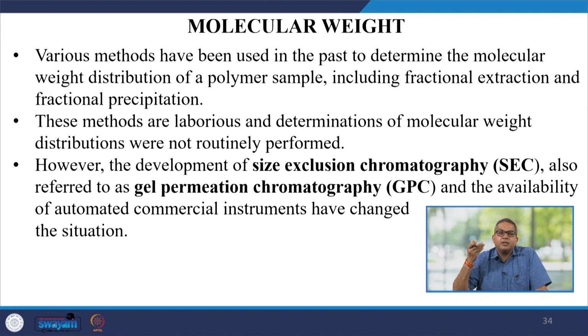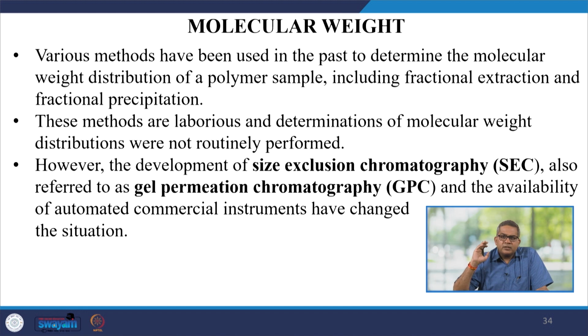Various methods have been used in the past to determine the molecular weight distribution of a polymer sample, including fractional extraction and fractional precipitation. These methods which we discussed are laborious, and determinations of the molecular weight distribution were not routinely performed.